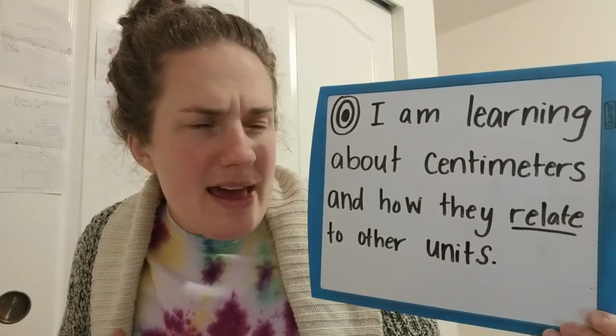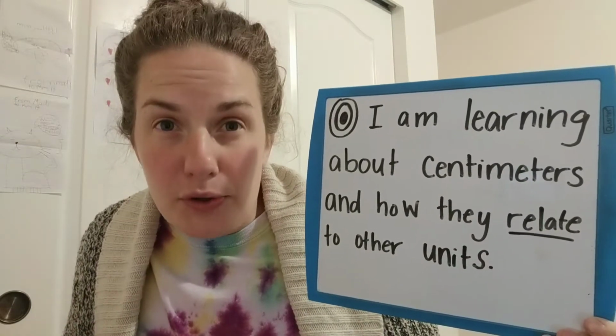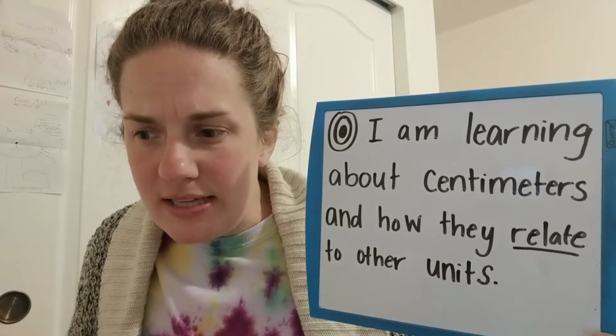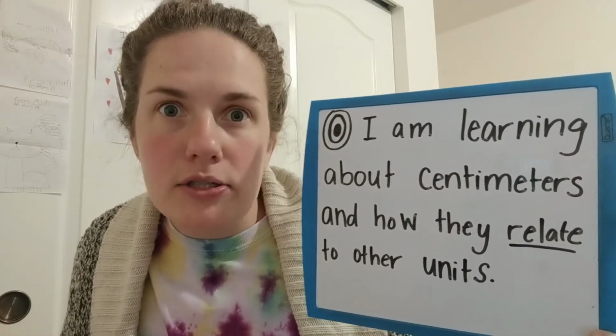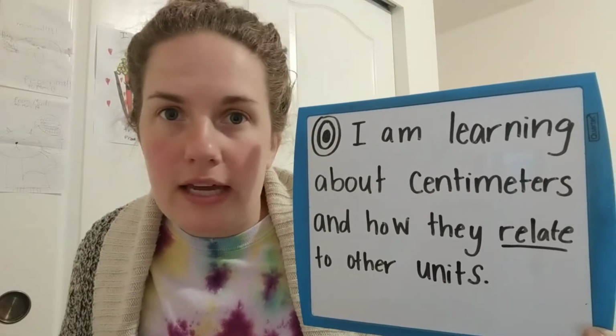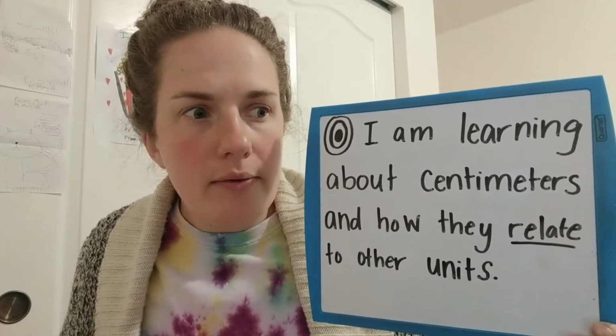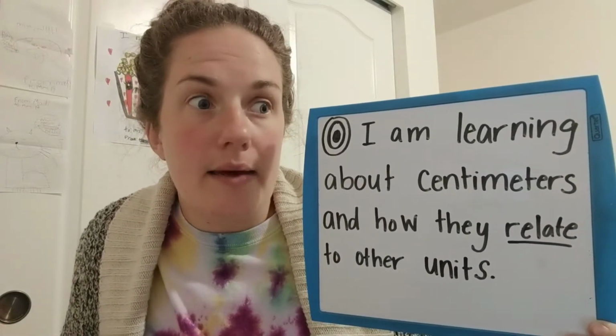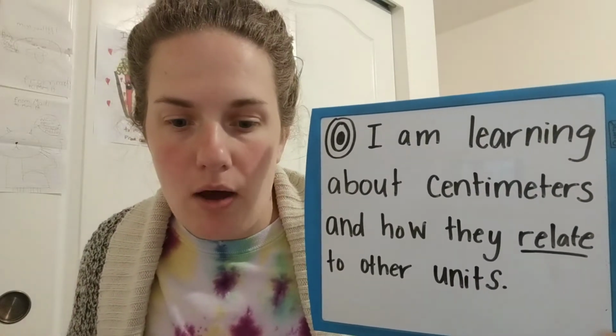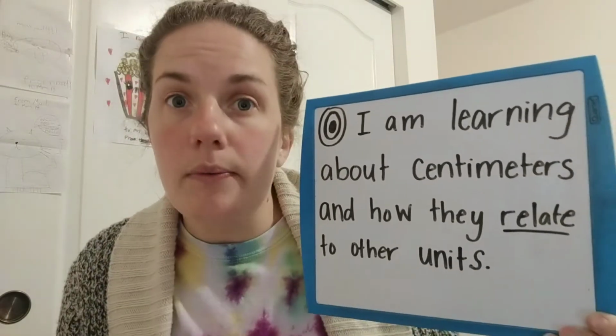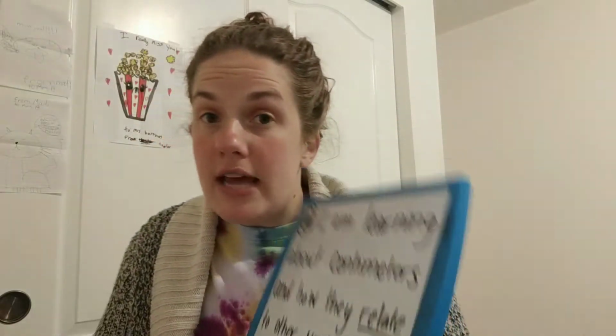It's a word that means, how we talked about this earlier, how does something compare to another unit? So when we're thinking about centimeters, how can we compare them to other units that we know? Now, units is what we are using. So centimeter is a unit that we use when we are measuring length or width or distance.